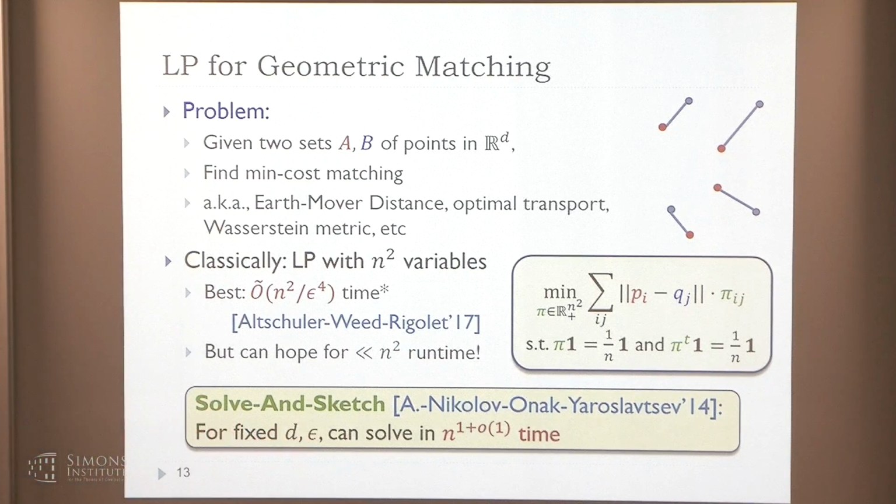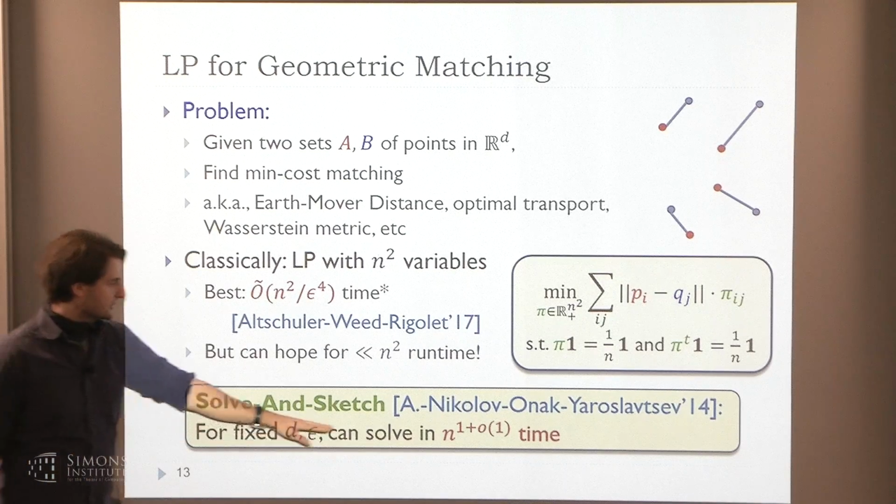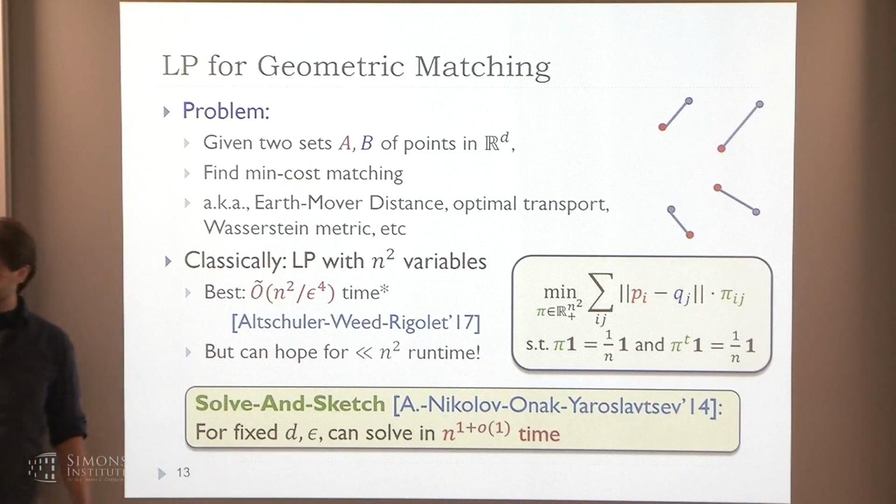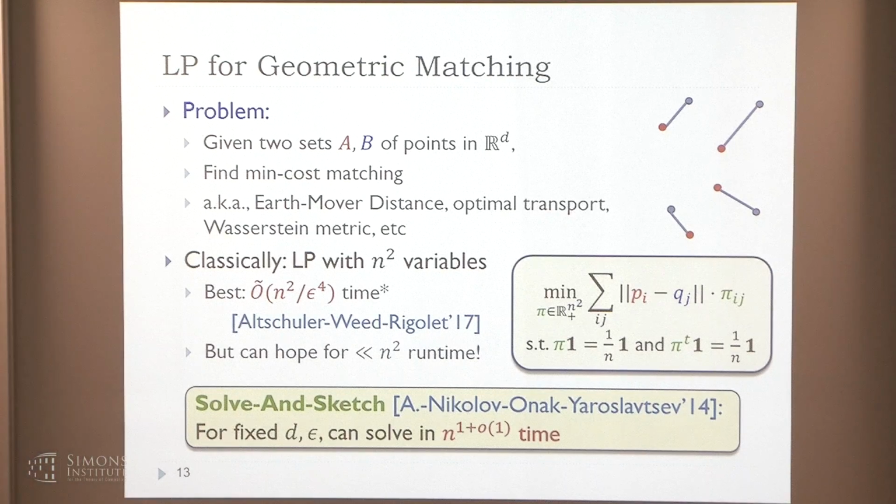The dependence on epsilon is actually worse than polynomial in 1 over epsilon, but for fixed ones you can get this amount of time. We called our framework solve and sketch. This is different from the first thing that I mentioned, which was called sketch and solve. It's a nice joke, but these were really independent names as far as I know.